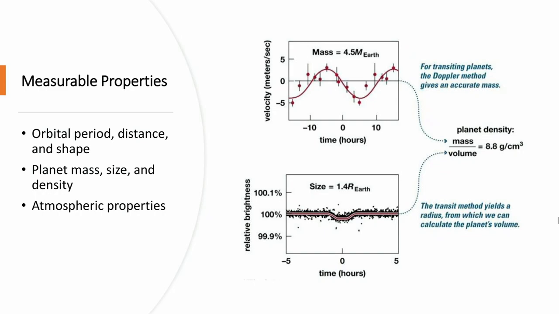And in order to get the density, we actually need both the Doppler shift method and the exoplanet transit method. And another thing that we're going to be able to measure, if conditions are right, are the atmospheres of these exoplanets.